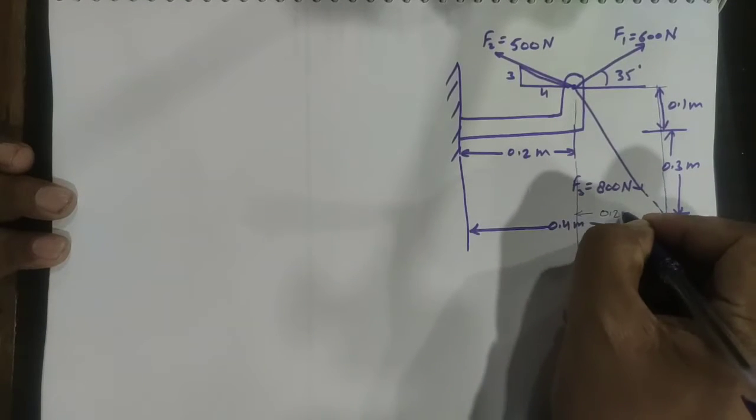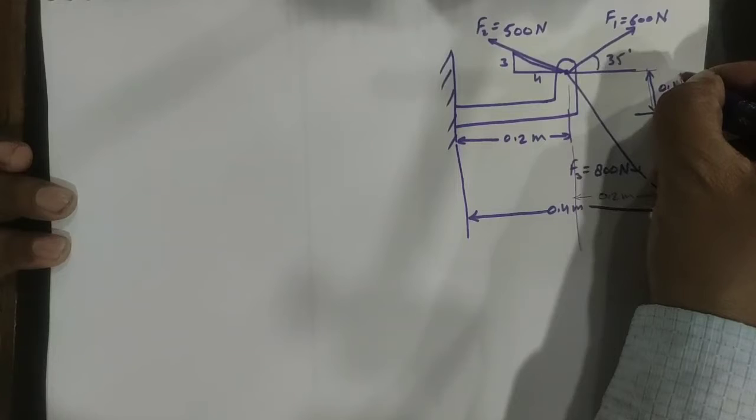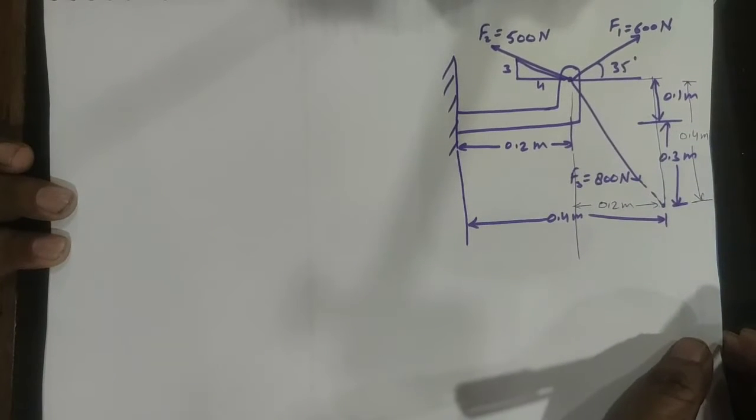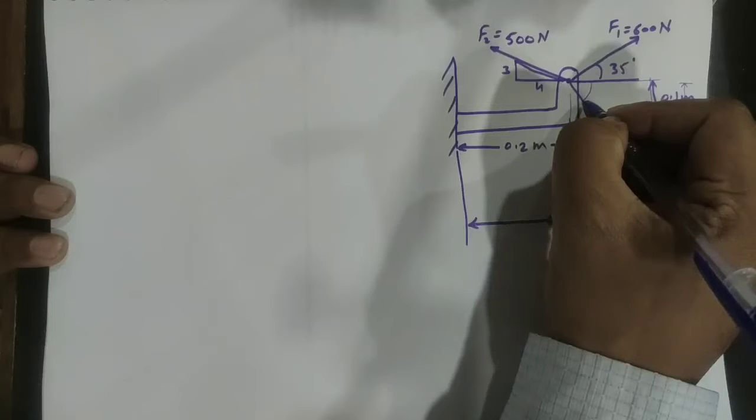That is 0.2 meter, and that will be the 0.4 meter. So for this triangle, it is the height and it is the base, then we will get the angle of this.